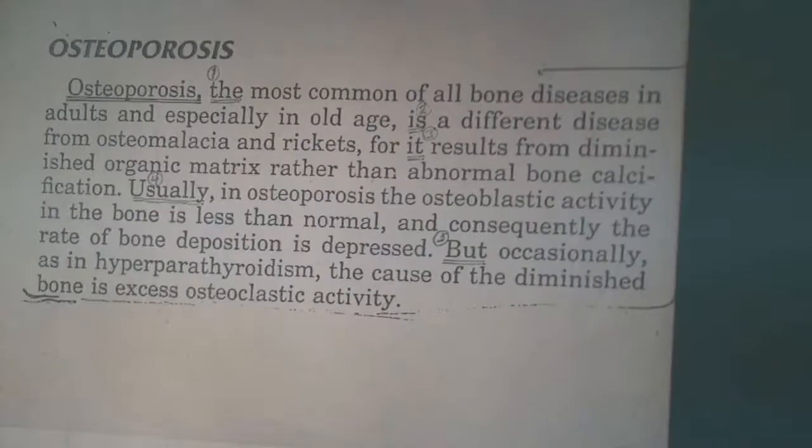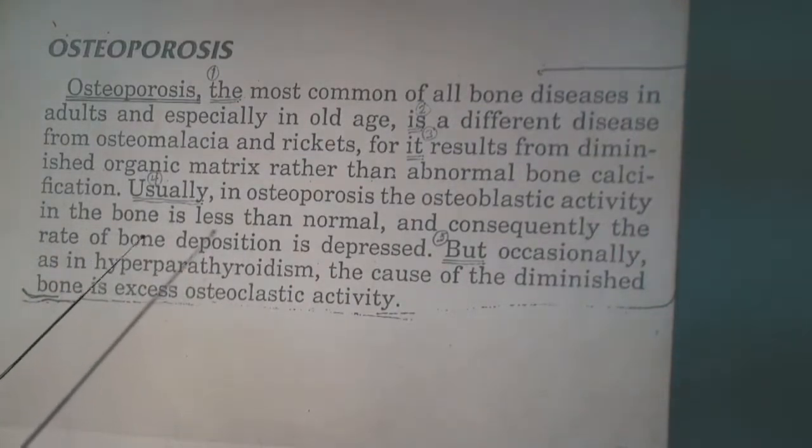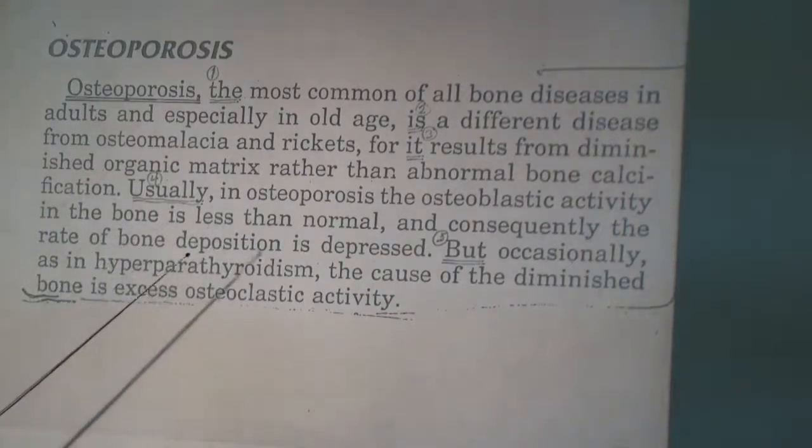Osteoporosis is the most common of all bone diseases in adults, and especially in old age. It's a different disease from osteomalacia and rickets. It results from diminished organic matrix rather than abnormal bone calcification.